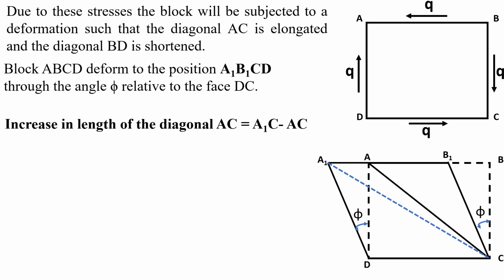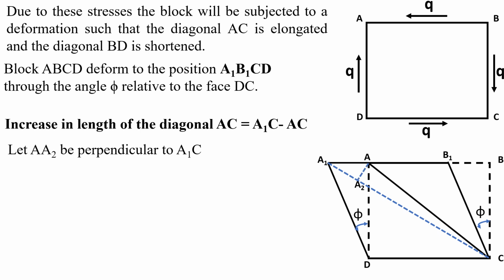Let's consider the diagonal AC. Its initial length is AC, and after the deformation of the block, the final length of the diagonal is A1C. So the increase in the length of the diagonal AC equals A1C minus AC.